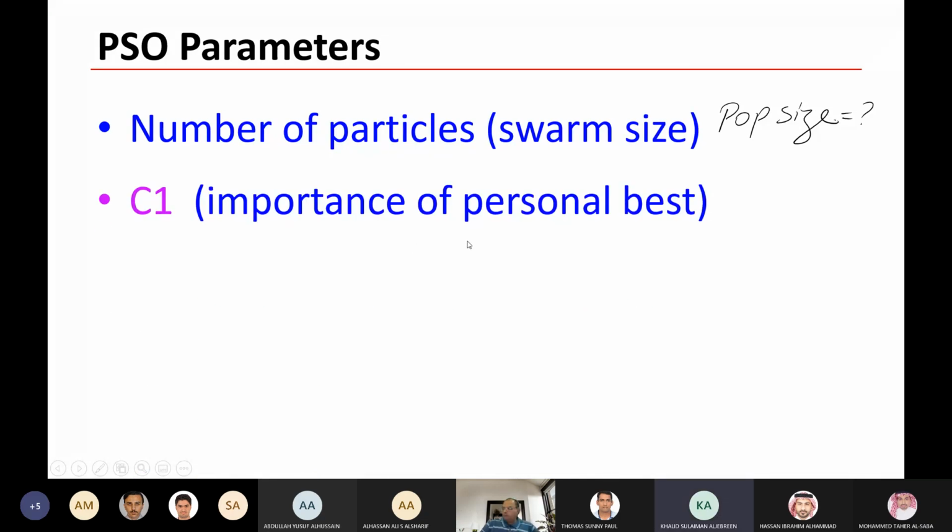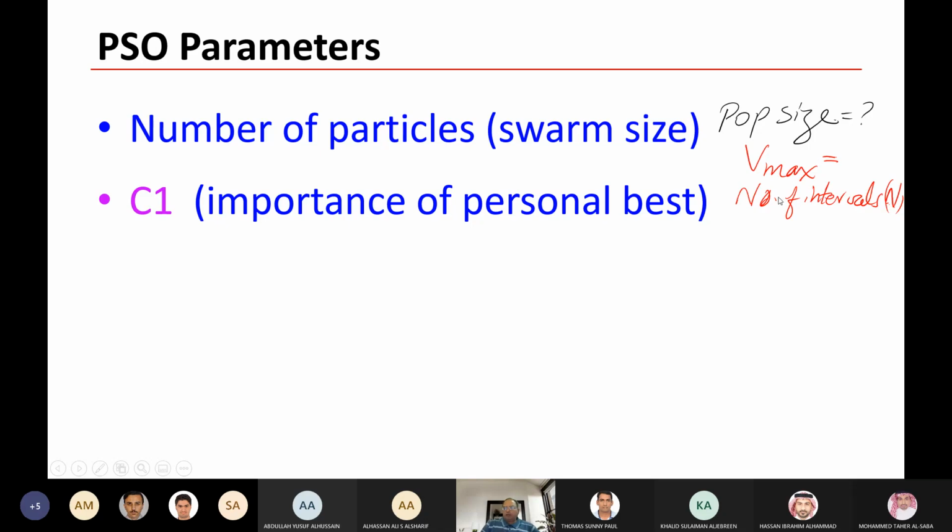C1. Vmax. Okay, Vmax, and Vmax is controlled by a number of intervals, N. So you set the N, and definitely you have the maximum and the minimum of each parameter.